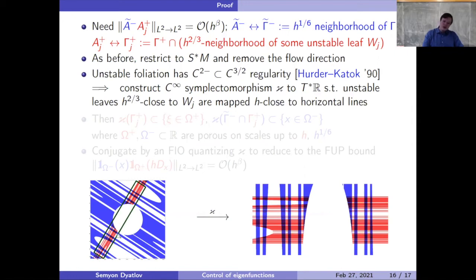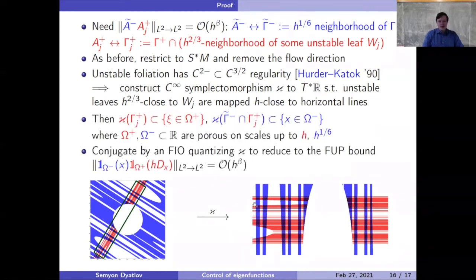And so what you can do is you can use this to just straighten out one unstable leaf on which this red set is centered. And then you can straighten it out correctly so that the red pieces really become very horizontal and the blue pieces become relatively vertical, so that you can embed this red and the blue set in just horizontal and vertical rectangles, which makes it possible to actually access the Fractal Uncertainty Principle bound and finish the argument.